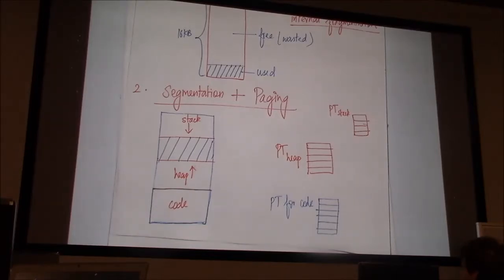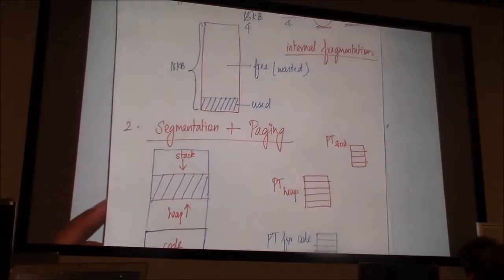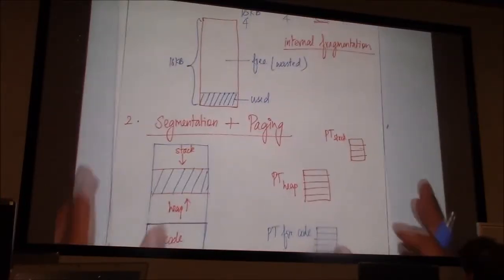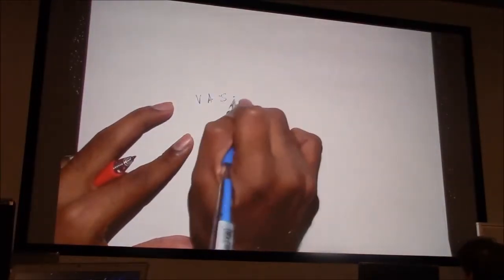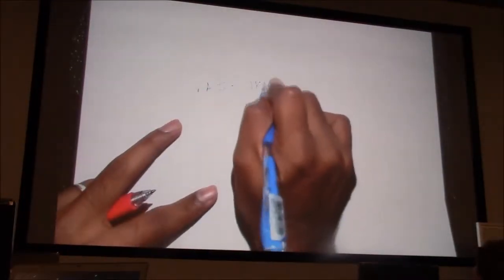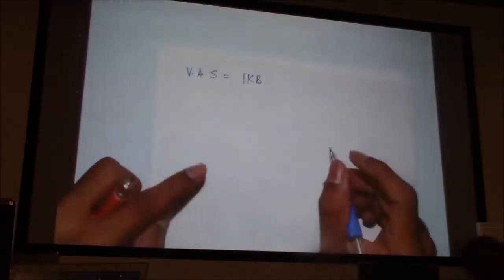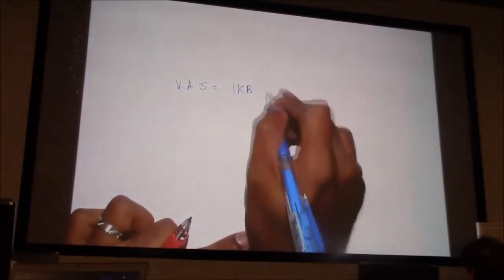In this example, let's assume a few things to make it clearer why this is useful. Let's look at a simple example. We have a virtual address space of size 1 KB.